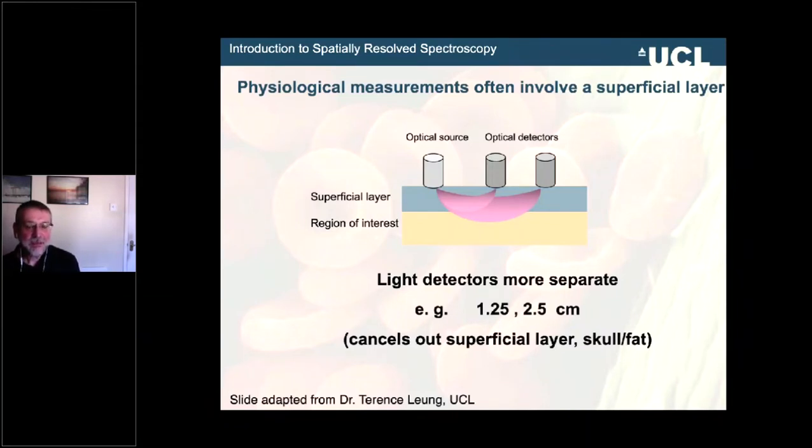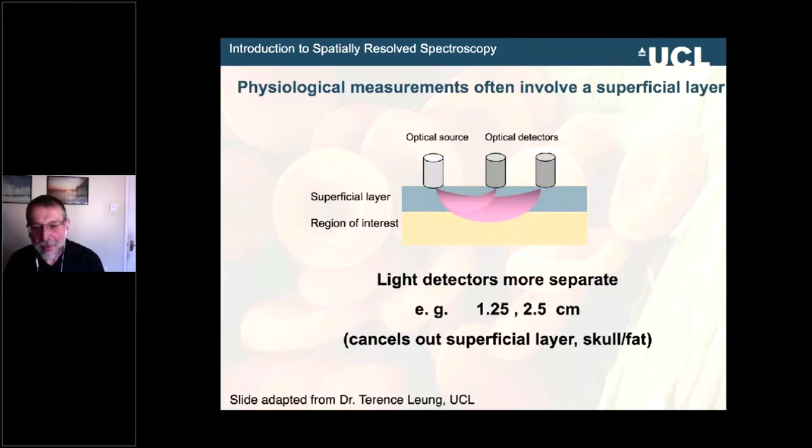And so what you do then is you take one source and then a detector that's halfway between a more distant detector. So the MOXIE, you've got a 1.25 and a 2.5 centimeter detection. And broadly speaking, by fancy tools and algorithms, you essentially cancel out the superficial layer or subtract it out. You can see a simple subtraction will be, well, one minus the other, but you do a bit more than that.